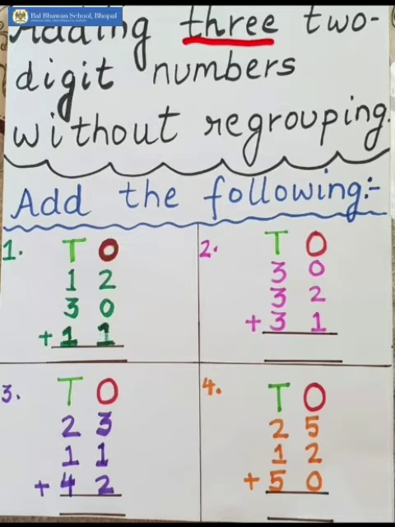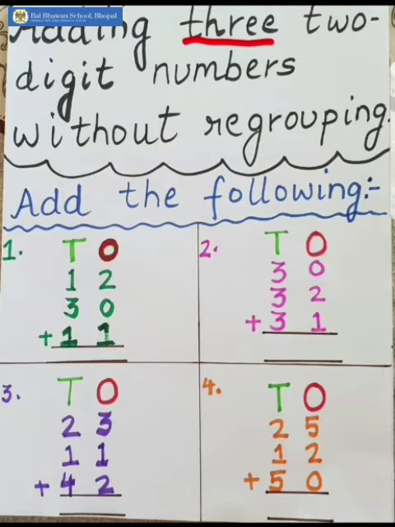Yes, 3. And what type of numbers we are adding here? Two-digit numbers. So what are two-digit numbers? The numbers which have the place values, that is ones and tens, are called two-digit numbers.